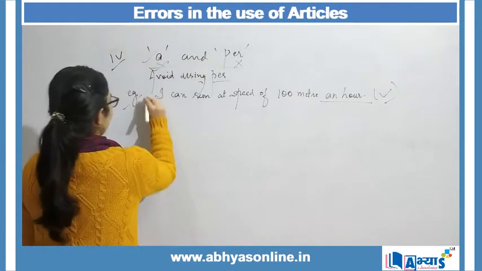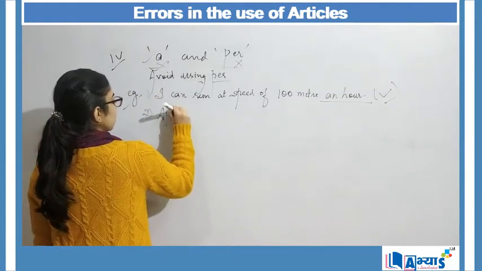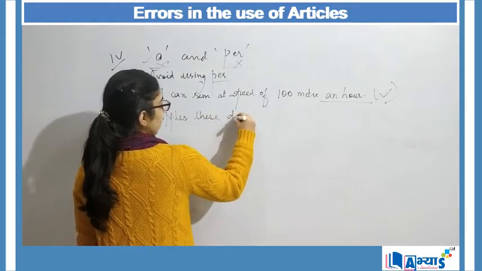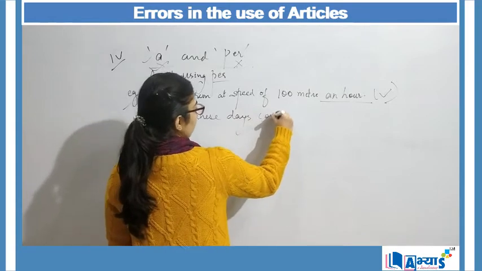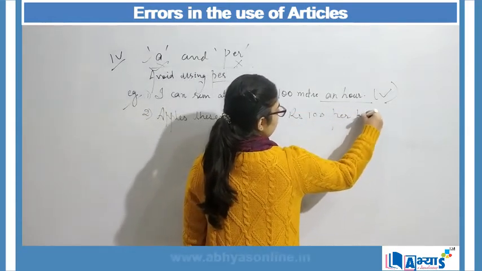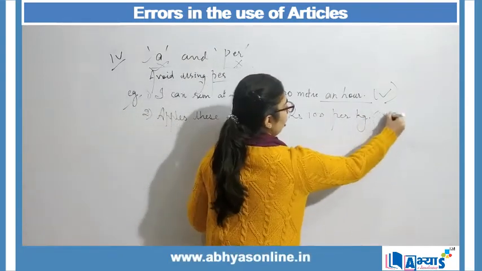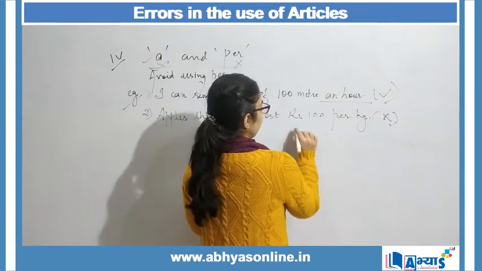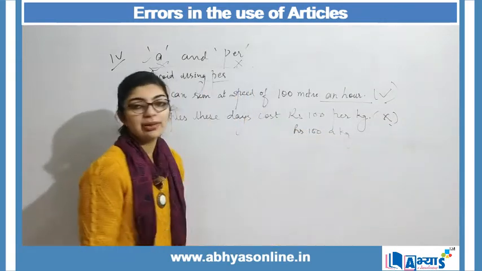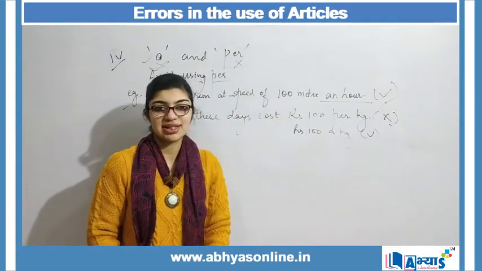But when I say apples these days cost rupees 100 per kg, it is wrong. I will say rupees 100 a kg, and that becomes my correct formation of the sentence.